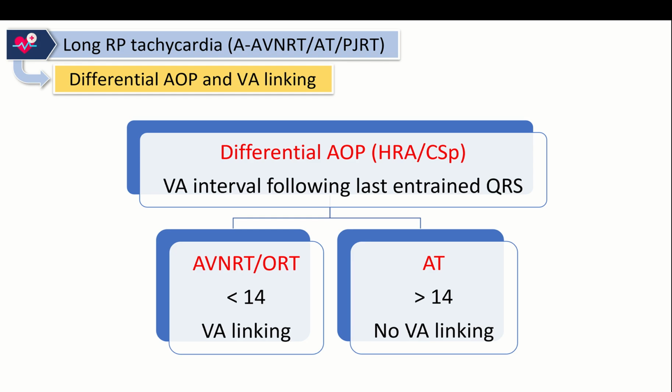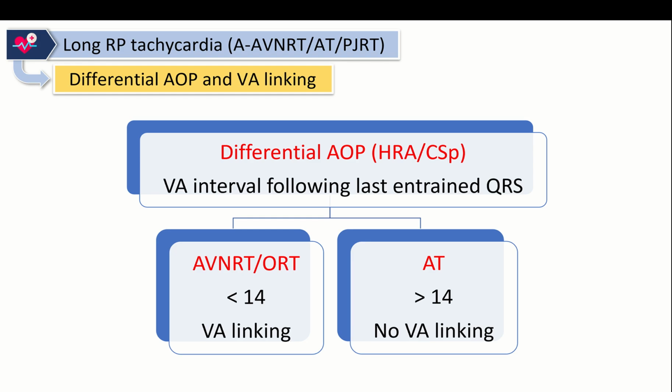Then assess the VA interval following the last entrained QRS complex. If I have VA linking, what does it mean? The VA interval less than 14 milliseconds in differential pacing means I have VA linking.